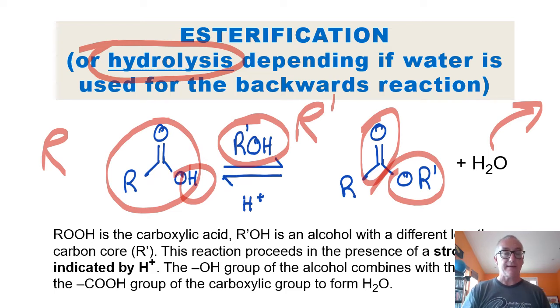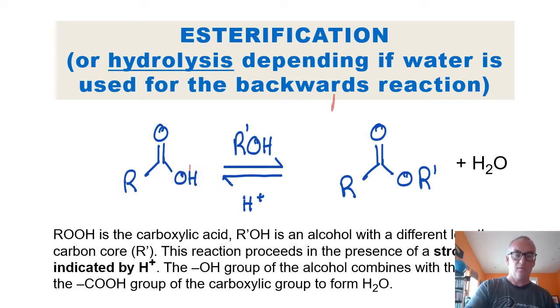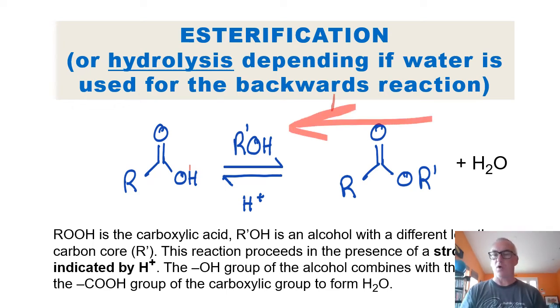So if we look at the reaction going in reverse, that would just be adding water to an ester under extreme conditions, and then basically re-adding the hydrogen back to the carboxylic acid, adding the hydroxyl group back to the alcohol, and then removing them.